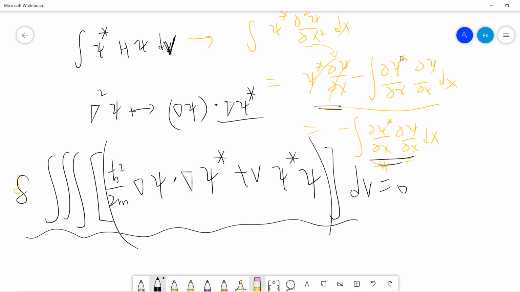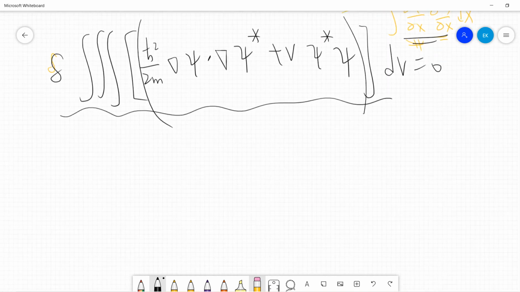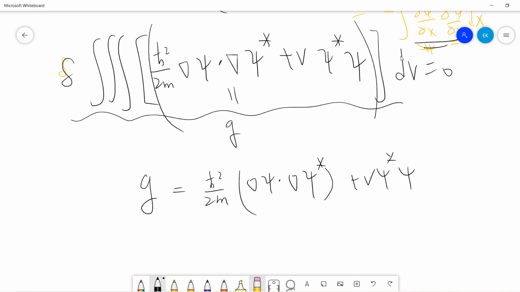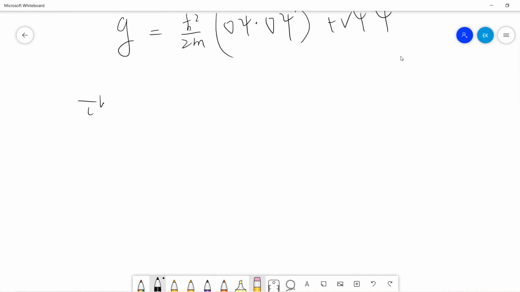Okay. And let's call this G. Okay, and the theorem is that if you do the variation on G, then you will get the answer.